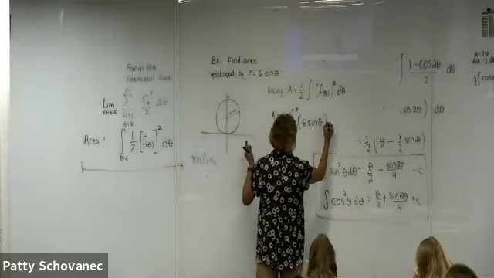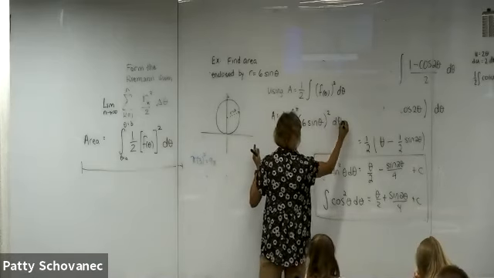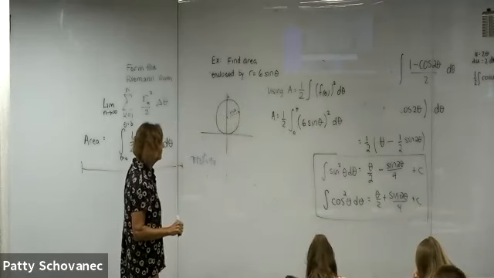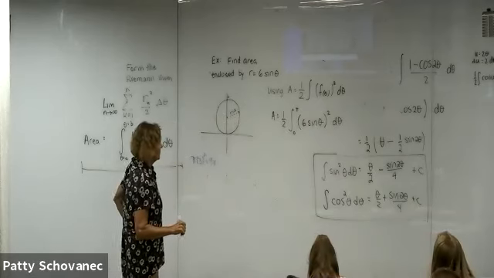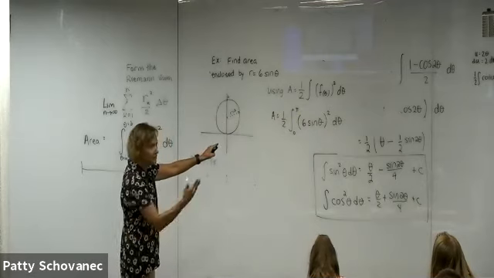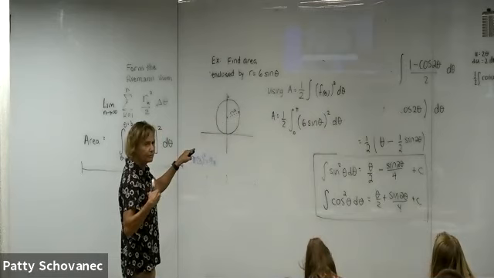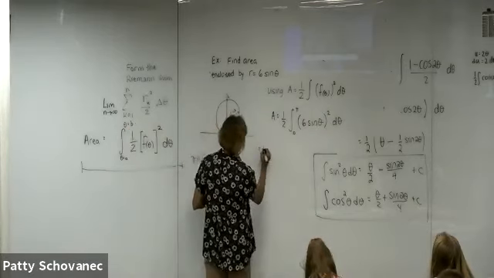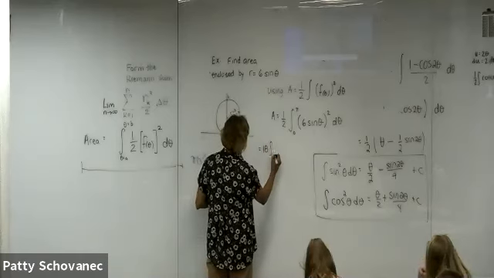Got to square it first and then integrate it. So don't forget to square the 6. 6 squared will give me 36. I'm going to take the 36 out front with the 1/2. 1/2 of 36 is 18. So I'm going to have an 18 out here.